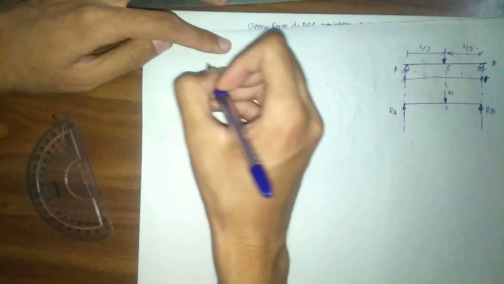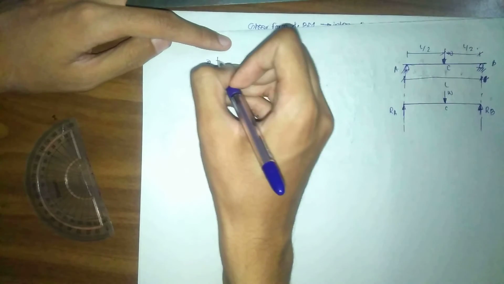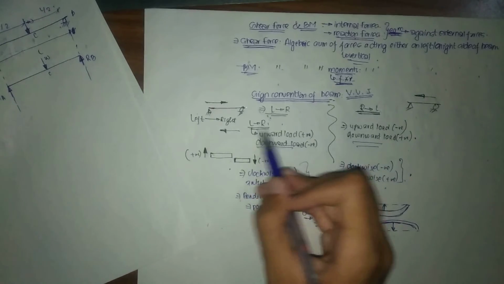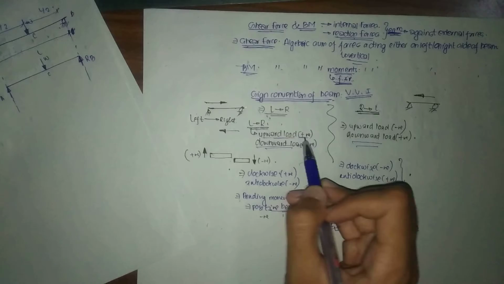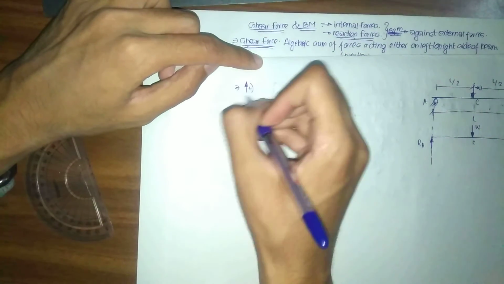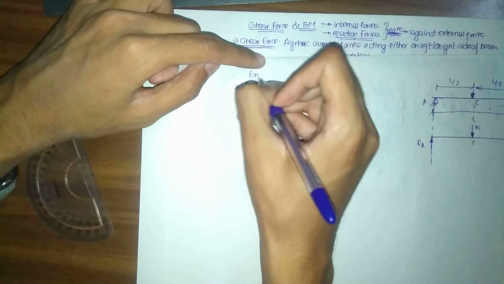After doing this, firstly, as per my sign convention, I'll be moving from left to right portion of the beam, and while moving from left to right, upward load is positive. I'll be equating in the y direction, ΣFy equals 0.